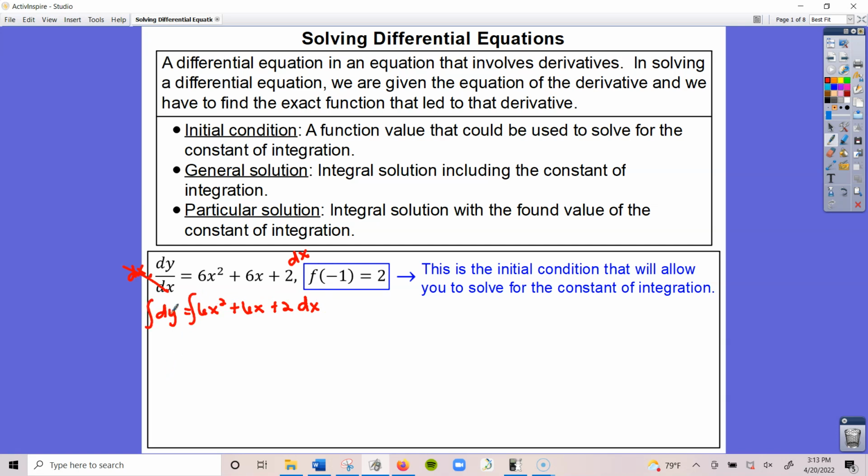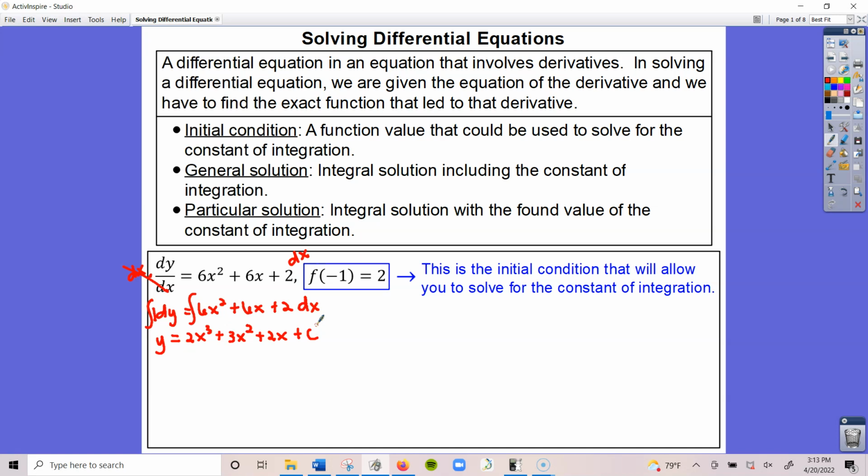The integral of dy, this is like saying 1 dy, which the integral of that would be y. And this is going to equal 6x to the third over 3, which is 2x to the third, plus 6x squared over 2, which is 3x squared, plus 2x plus c.